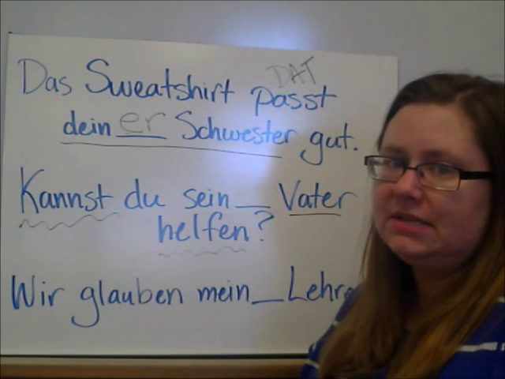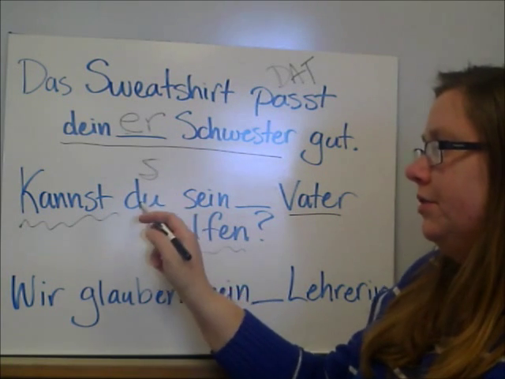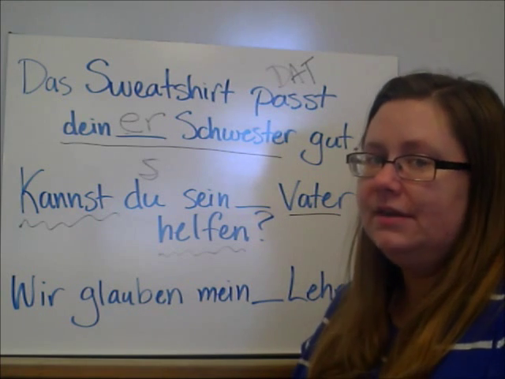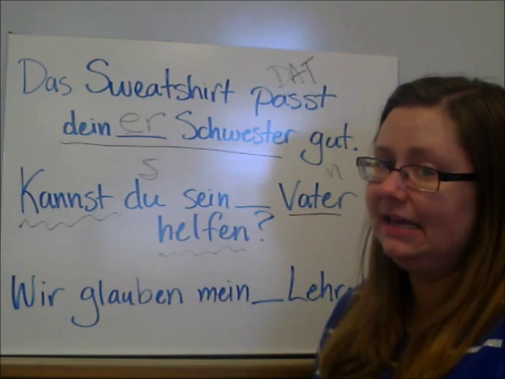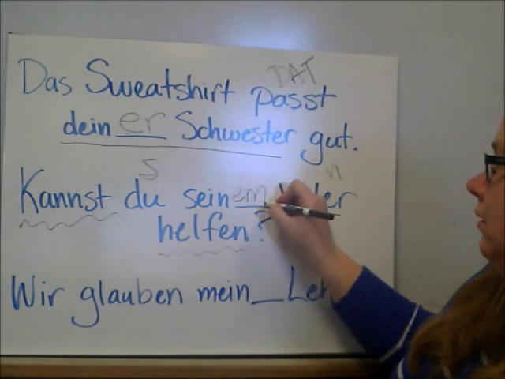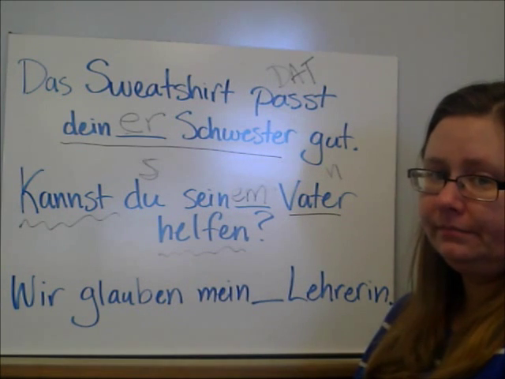Therefore, everything will take the dative case. You is the subject, so you can help his father. Father is masculine, so masculine dative is em. Kannst du seinem Vater helfen?